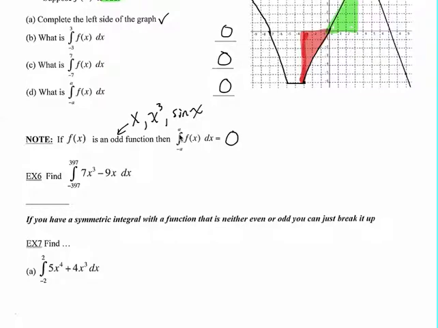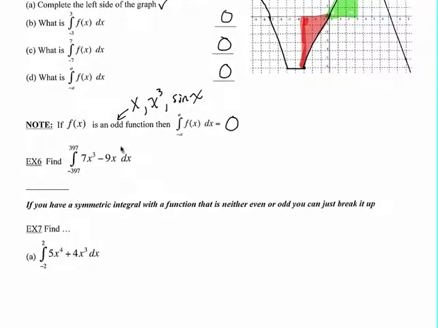So a problem like this, where we have an odd function, actually integrals can be split apart. In the same way that we have the term rule for derivatives, we have a term rule for integrals.